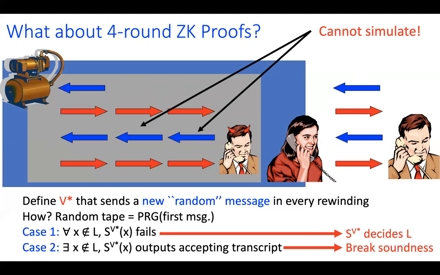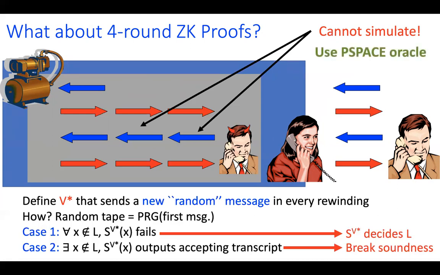And now it's not as easy as just saying, okay, let me just do PRG of the transcript and send the third message, because the third message needs to be consistent with the first message. And the first message was forwarded from outside, which could have involved private coins from that verifier, and we don't have it. So how can I generate a third message that's consistent with something that is outside? At least it's not clear that we can do this efficiently in polynomial time.